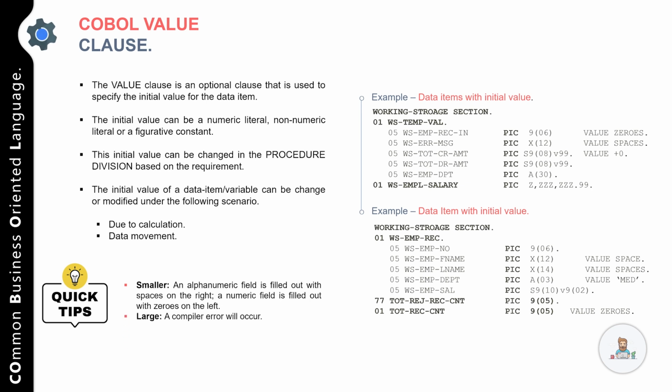In case you assign a value which is larger than what you have defined, then in that scenario we will get an error message, that would be a compiler error message, or truncation will happen. And the last one is related to numeric edited items: in general you do not define these variables with a VALUE clause, because these items typically receive a value as a result of a MOVE statement.